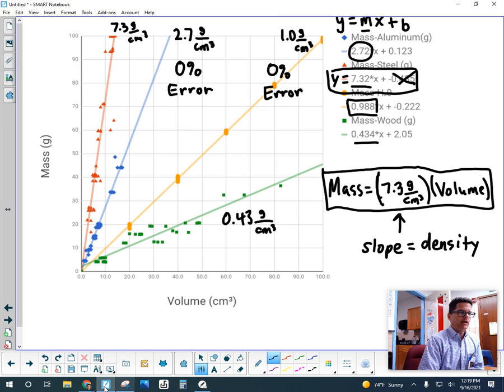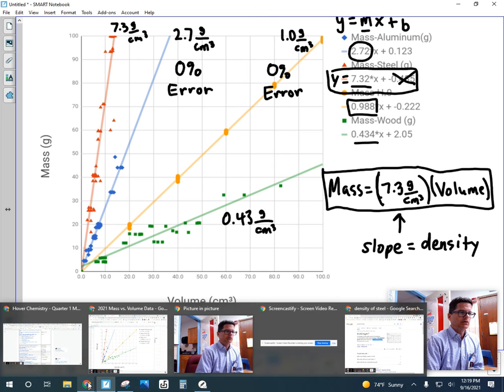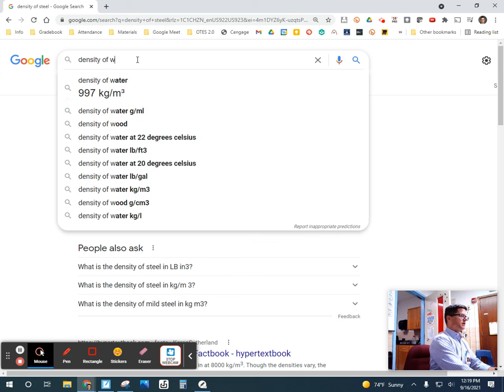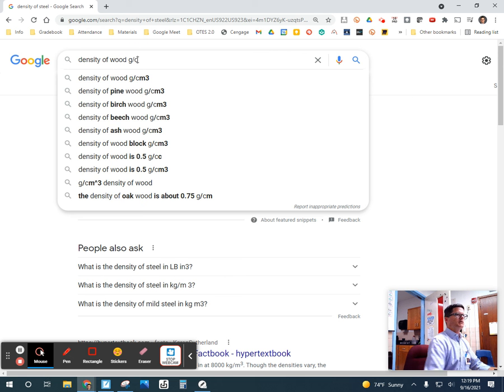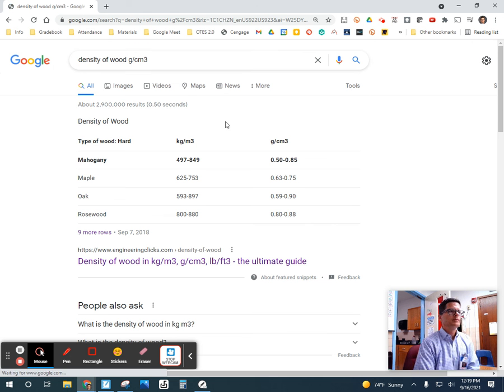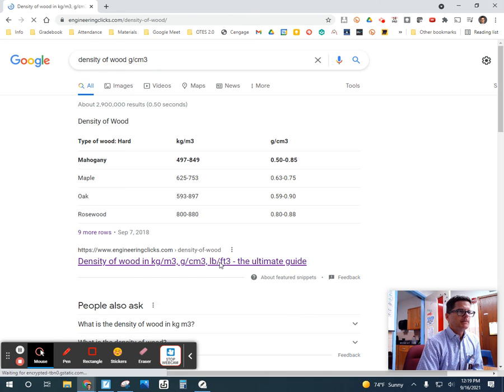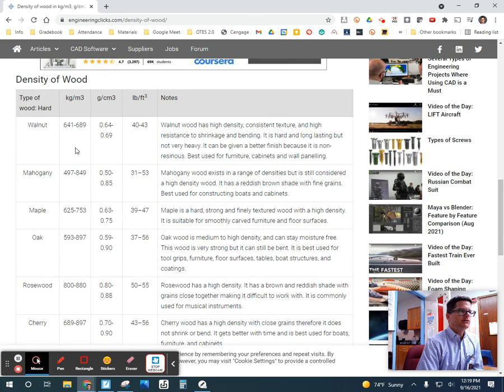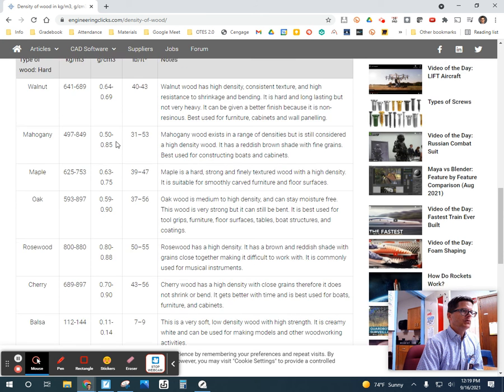But same idea. If I do a quick Google search, I'll do density of wood in grams per cubic centimeter. I'll actually go to this site. And you can see the different types of wood have different densities. The thing that we see that is in common for all of these is that they're all less than 1.